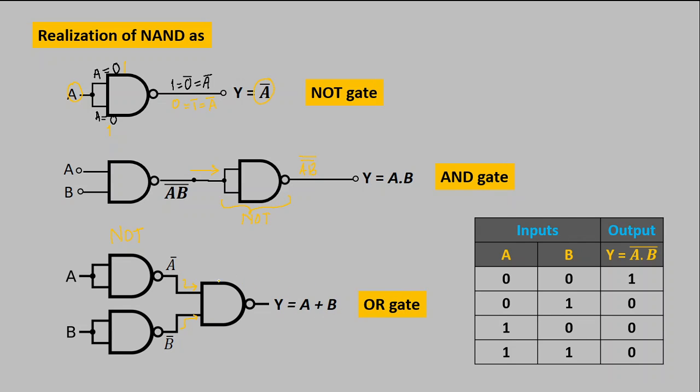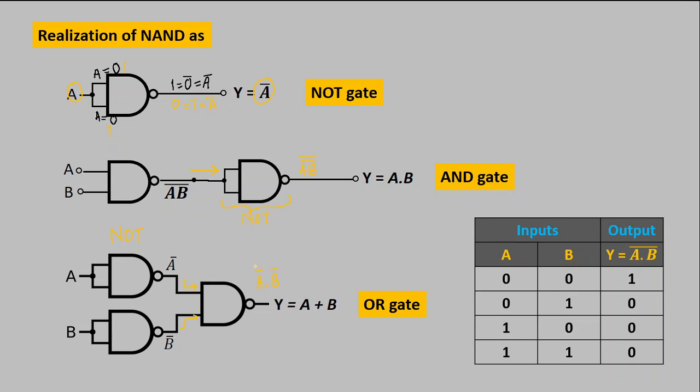How? Let us see. The NAND gate's operation is like this. Whenever you enter two inputs A and B to the NAND gate, the output will be the complement of A dot B. But here these two inputs are complements, A complement and B complement. So the output is the complement of A complement dot B complement.